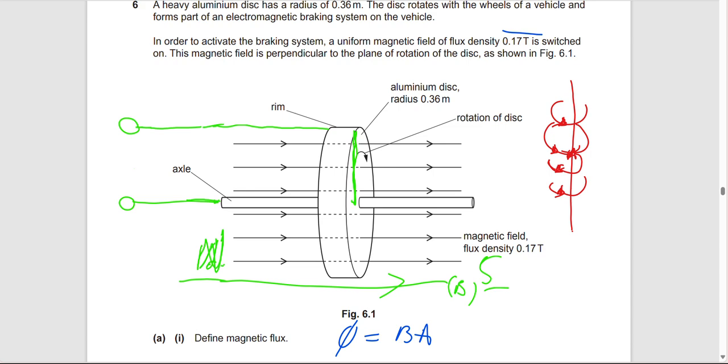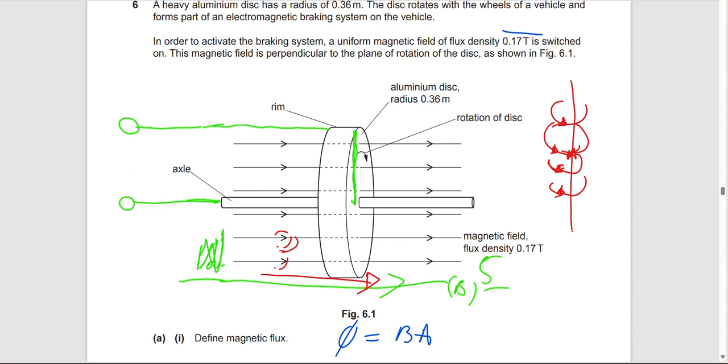So the direction of the current that is going to be produced in the disk is going to be such that it produces a magnetic field that opposes this magnetic field that we have. If we use our left hand rule, we can just use the fact that the rotation of the disk is into the page. So our force is to oppose that, so it's going to be out of the page.